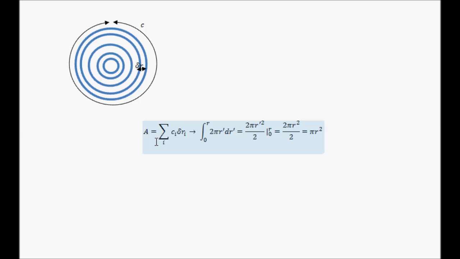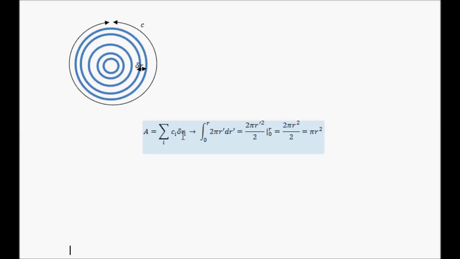So the way to do it is to sum up all of these individual circumferences multiplied by the little individual widths of each strip, and then we're going to get the area. Because this is an infinite number of strips, and the width of each strip is infinitely small, we've got a sum that's becoming an integral, a discrete sum becoming a continuous integral.